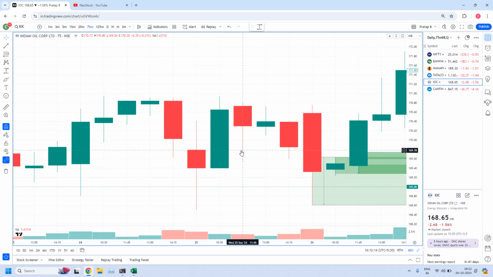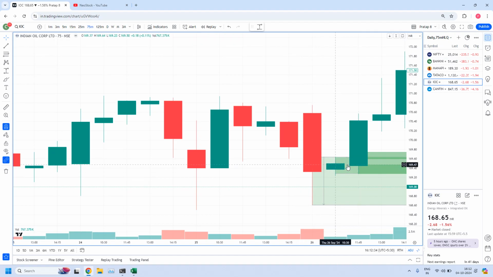Even more, the weekly zone has weekly EMA confluence. See how many parameters are in favor of this particular stock. And moreover, it has two fine-tuned zones.